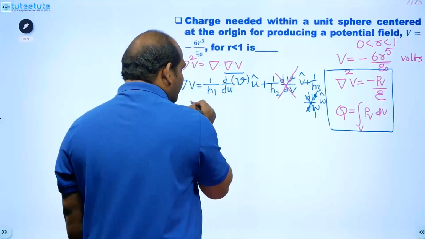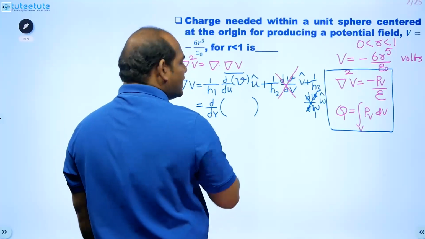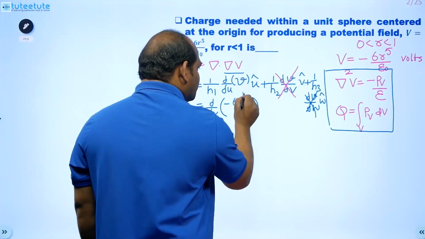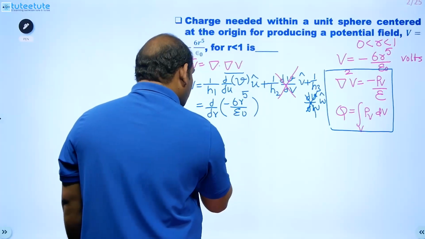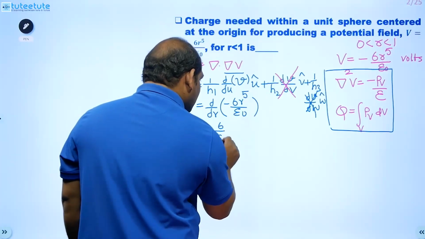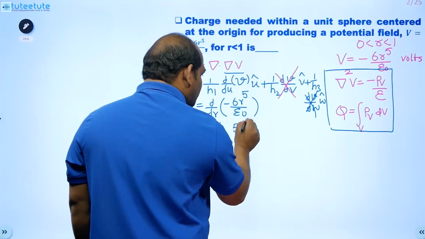So it is simply 1 times dou by dou r of what we have in place of V, minus 6 into r power 5 by epsilon naught. So it is equal to minus 6 by epsilon naught times the derivative of r power 5 with respect to r, which is 5 into r power 4.